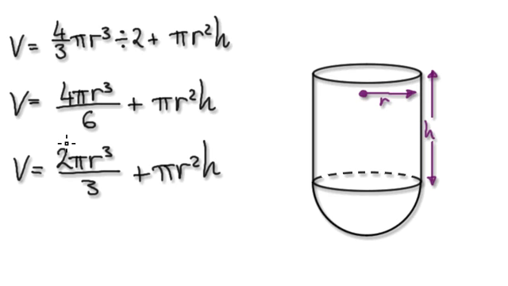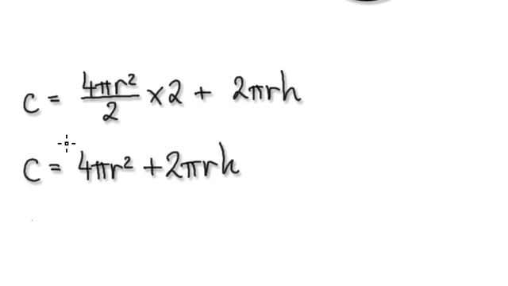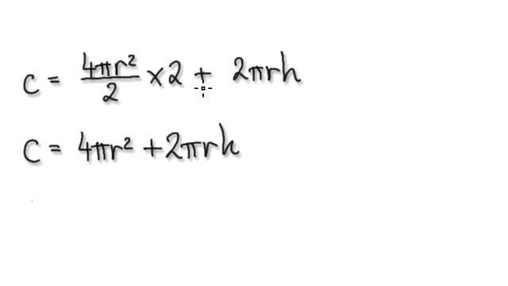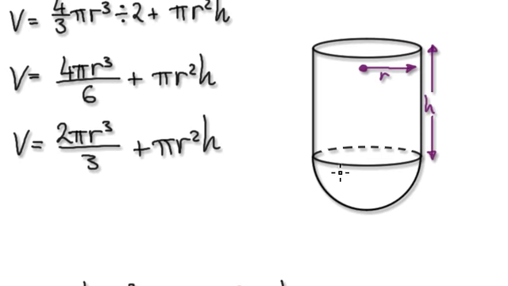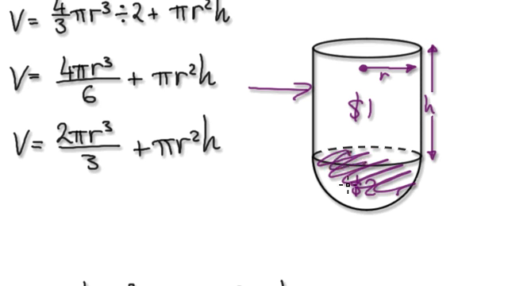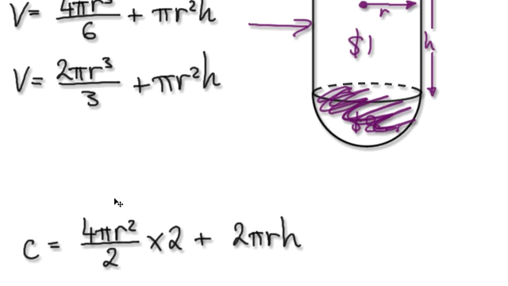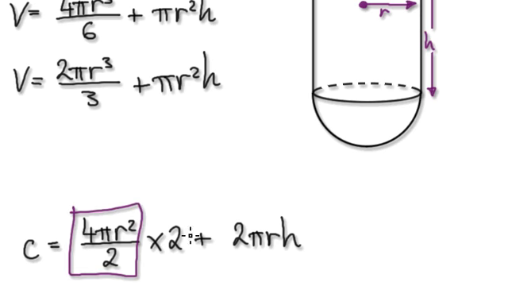Okay, so tidy up, and it will be this. Then you've got to look at the cost. The cost to make this dome will be the surface area of the dome times 2, because you can imagine it as being $2 to make this, and $1 for the material for the cylinder. So the surface area of this half dome would be this, and then you times 2 because it costs twice as much.